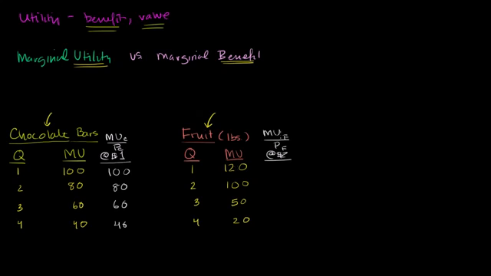So for that first fruit, the marginal utility is 120, and the price of that first pound of fruit is equal to 2. So I'm getting 60 marginal utility points per dollar. Here, 100 marginal utility points, but I'm spending $2, so that's 50 points per dollar. This is 25 points per dollar. This is 10 points per dollar.